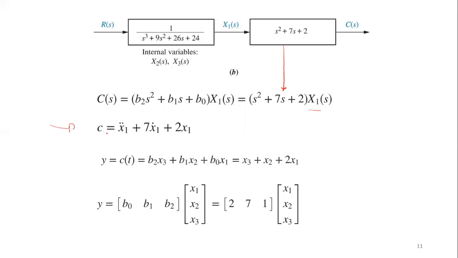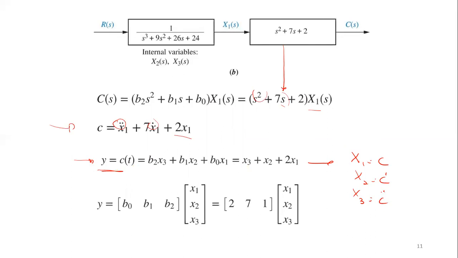So C equals x1 double dot, because of s to the power of 2, plus 7 x1 dot because of s, plus 2 x1. Next, you know that C is actually the output, which is y. So y equals c(t), which equals x3. And the state variables we have already defined are x1 equals c, x2 equals c dot, x3 equals c double dot.